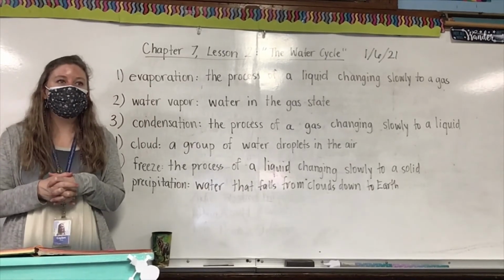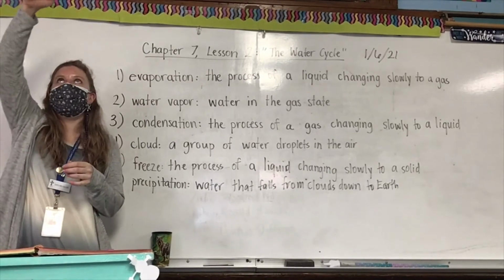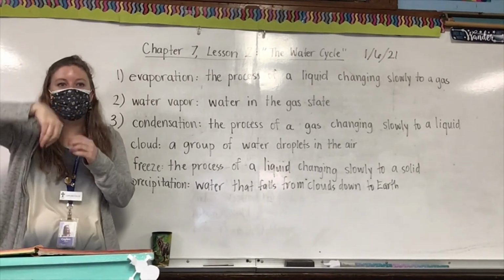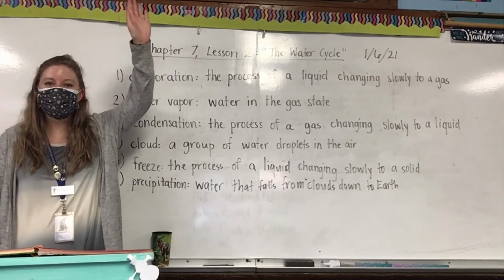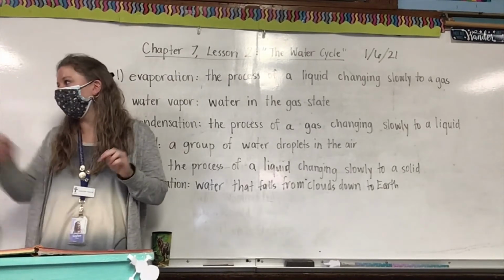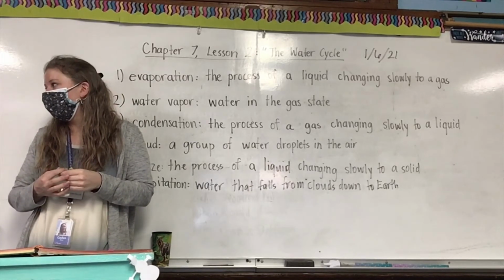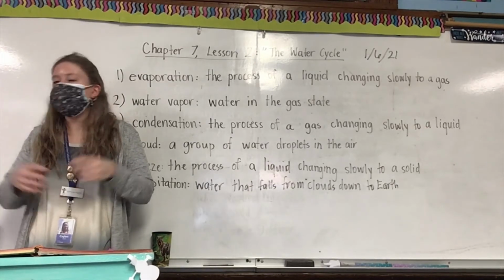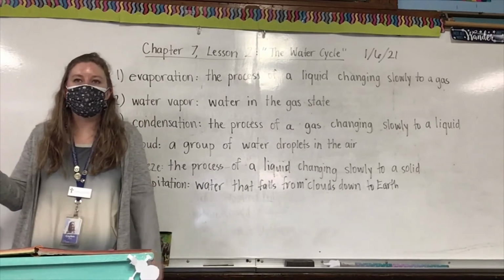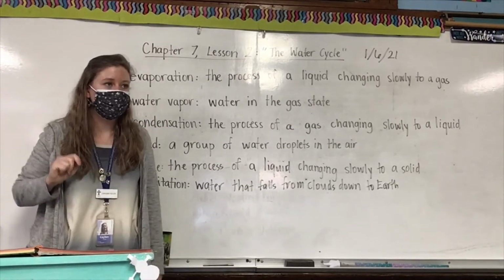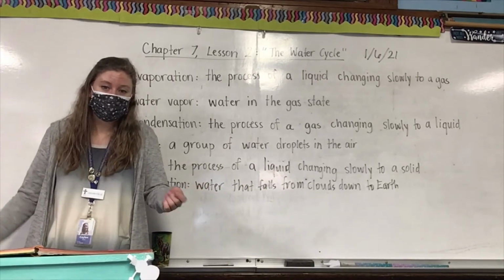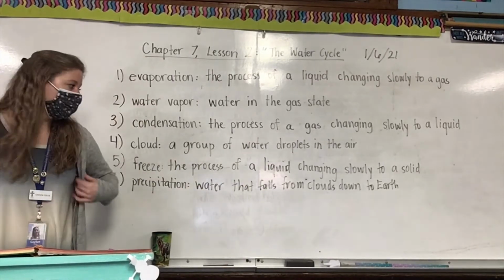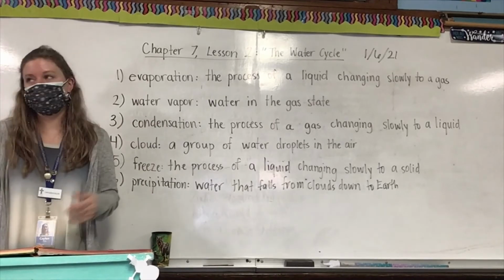So if you are in your shower and you notice water droplets on the ceiling and they fall, is that precipitation? Why is that not precipitation? Aaron? Because precipitation is water coming from clouds. Because precipitation comes from clouds, not the tile ceiling of your bathroom. That's just water falling from the ceiling of your bathroom. That's the term for that. There may be a scientific term, but I don't know what it is.